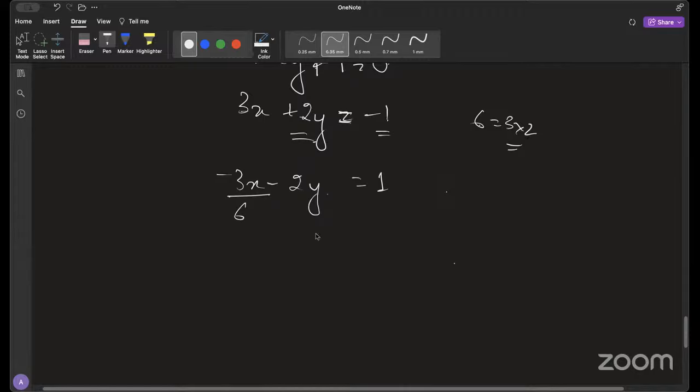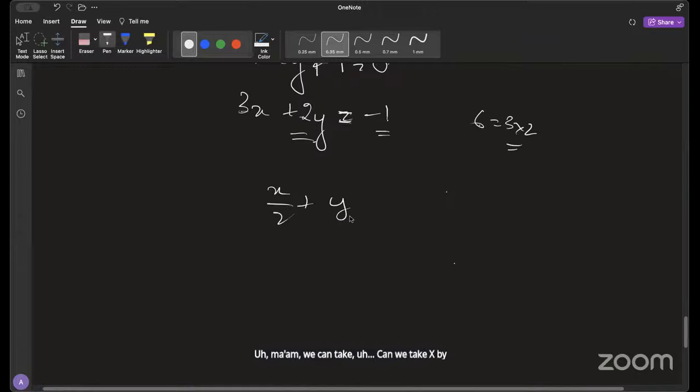What did we get previously? Can we take x by 1 upon 3? You can just divide this whole equation by minus 1 by 6, so you'll get 1 here.